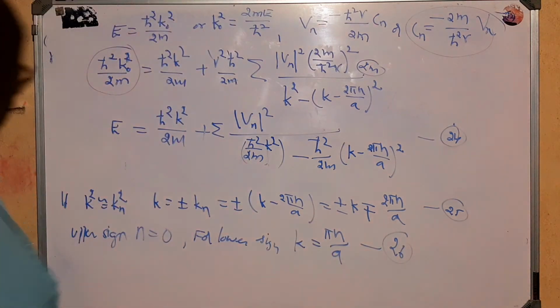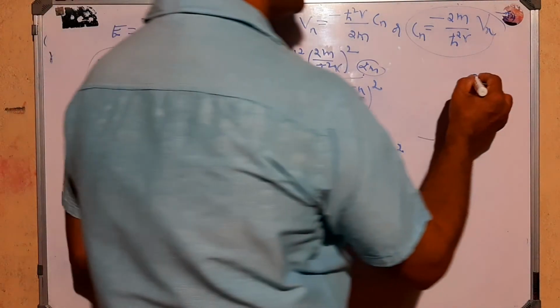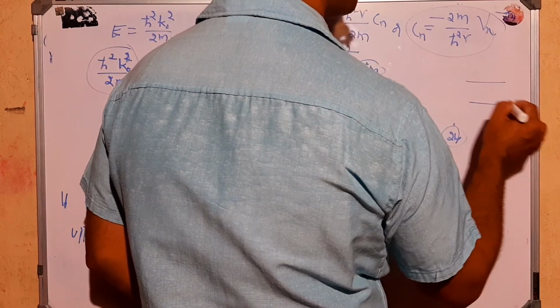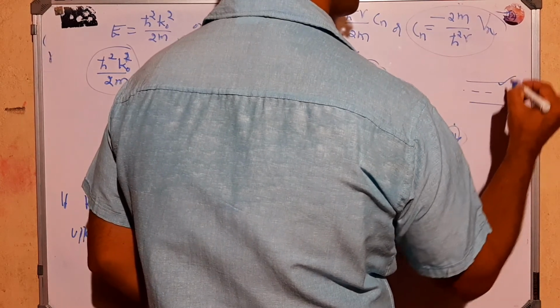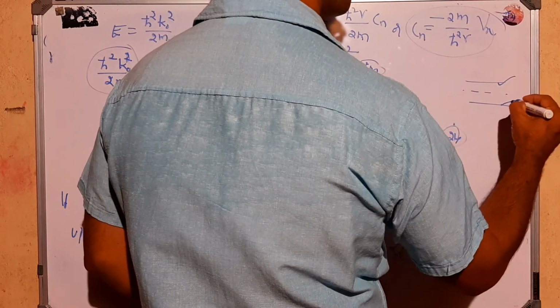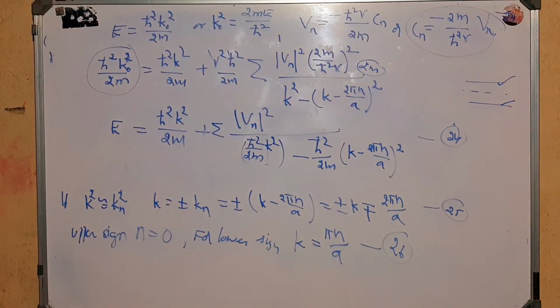What is n? N is an integer. N can take both positive and negative values. It indicates the band edge points. When you consider this is the band, this is the center, this plus n corresponds to the upper edge, and this minus n represents the bottom edge of the band.